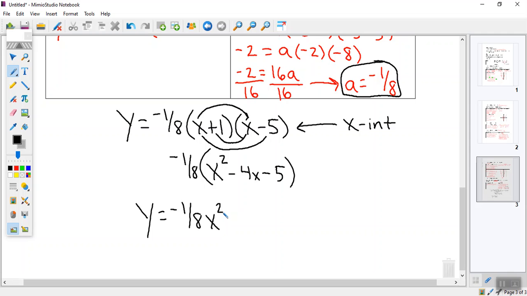Negative times a negative will be a... Okay, if I take 1/8 times 4, isn't that 4/8? Or in simplest form? 4/8 in simplest form would be? Yeah, plus 1/2 x. And let's see, I got to take this negative 1/8 times negative 5. Is that going to be a positive or a negative, kids?